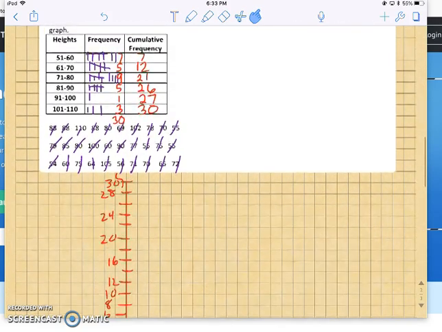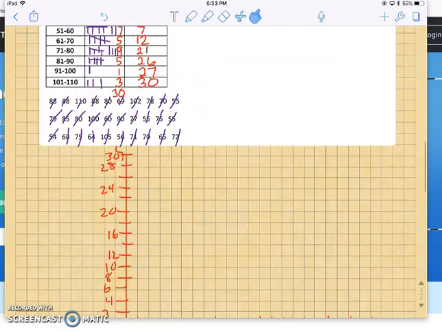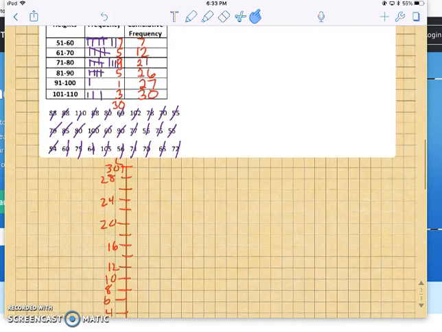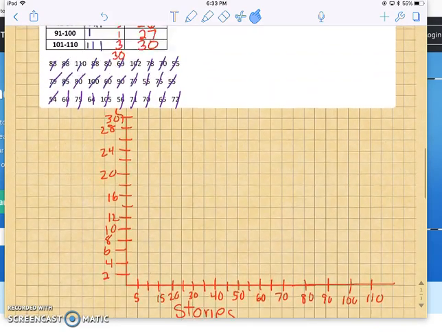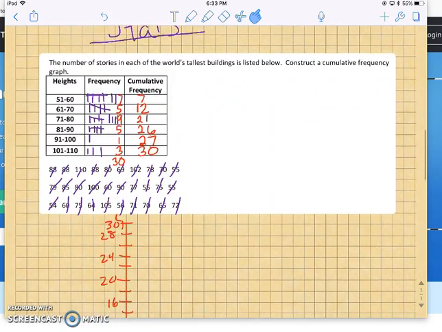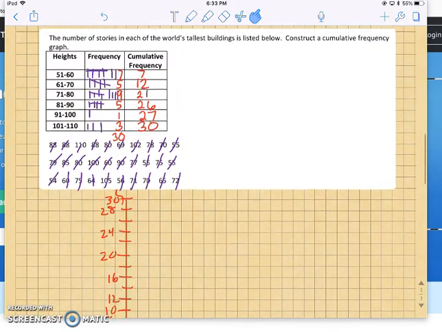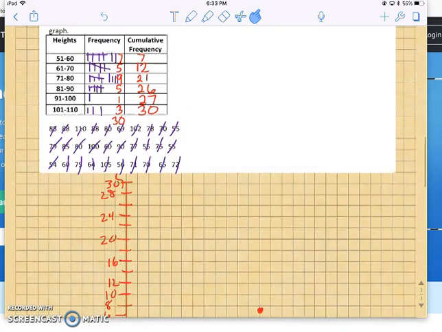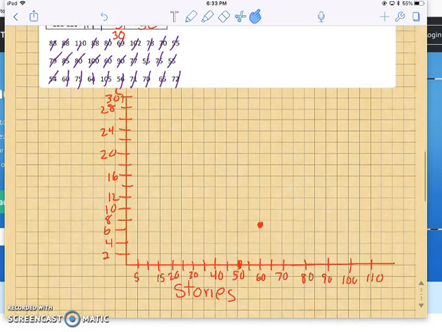So, the number of buildings at 60: there are 7 buildings that have 60, so we can go up to 60, and there's 7. We could start at 0 since that's our lowest. Our next one would be 70, which goes with 12.